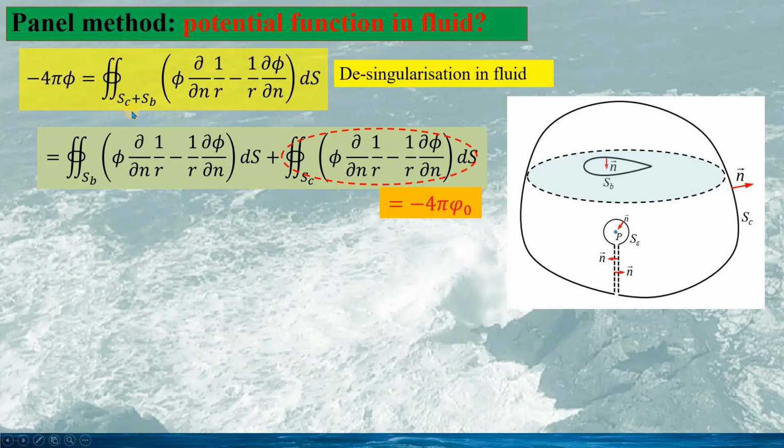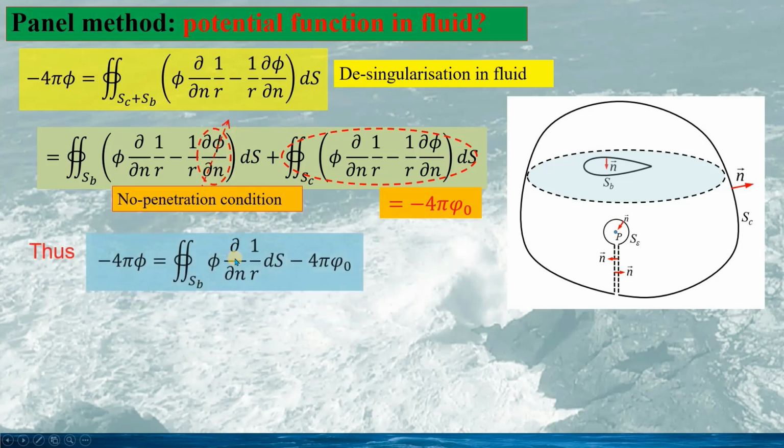And in a similar way as we showed before, the integral for the potential function on SC would be equal to minus 4 pi phi 0. And applying the no penetration condition, this term would vanish.